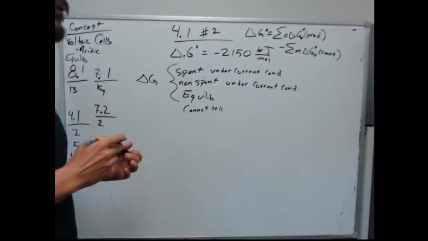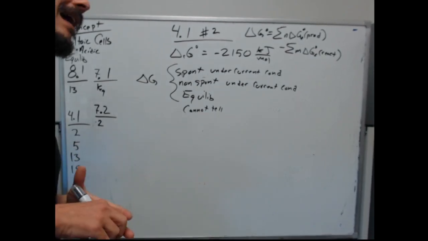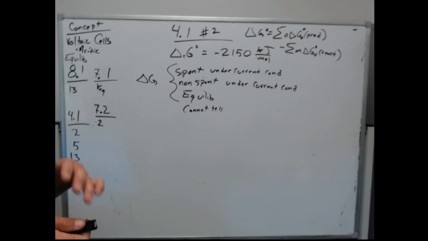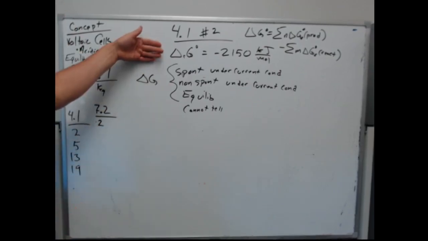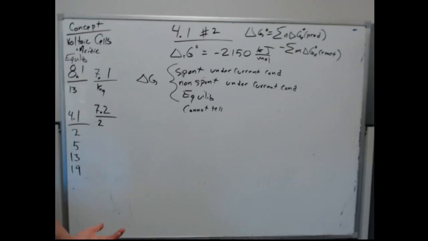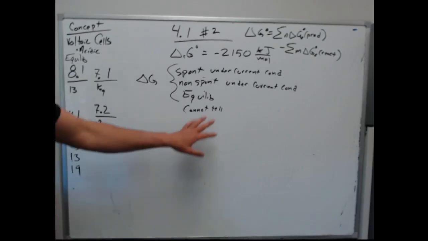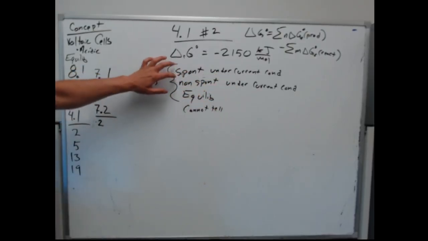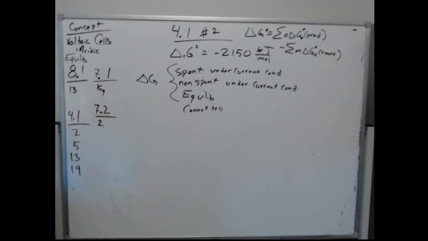So it's just this idea of what did we have at the beginning, what did we have at the end. And so this delta G tells us that it's going to be product favored, that it's going to proceed towards products. But we don't really know enough to say whether it's going to be spontaneous or non-spontaneous because we don't have any Q information. So how do we know?